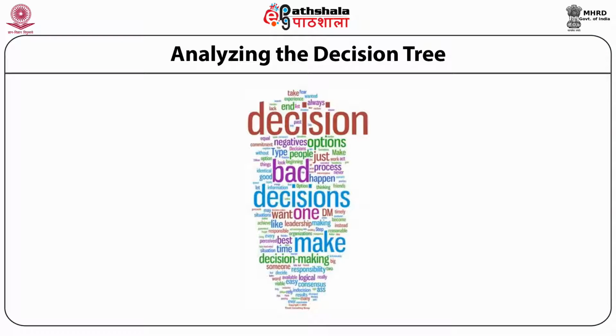Now, as you can see in this slide, decisions can be good or bad, positive or negative. One thing is important to understand: decisions are taken today and we don't know what their results would be at that point in time.